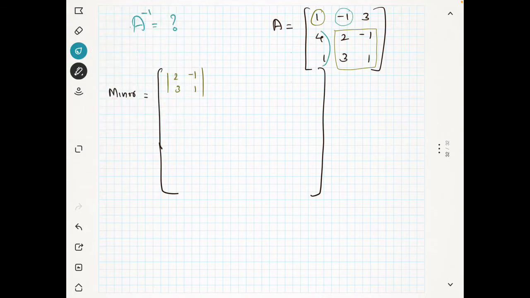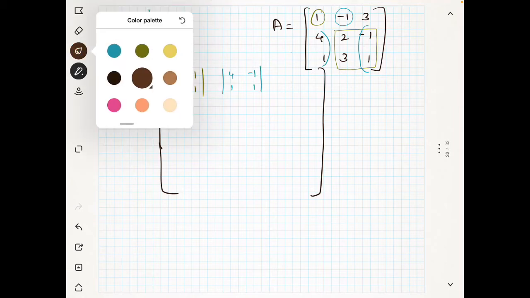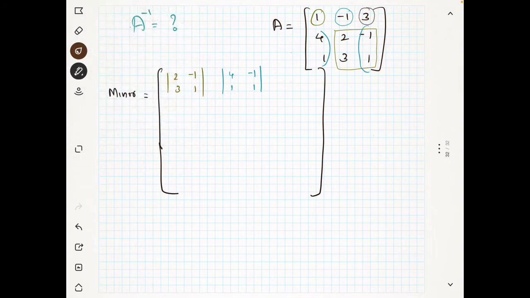You have this and this, so the determinant of 4, minus 1, 1 and 1. Now the third element: you remove this particular row and column, and you consider 4, 2, 1 and 3. So this is the minor of A.